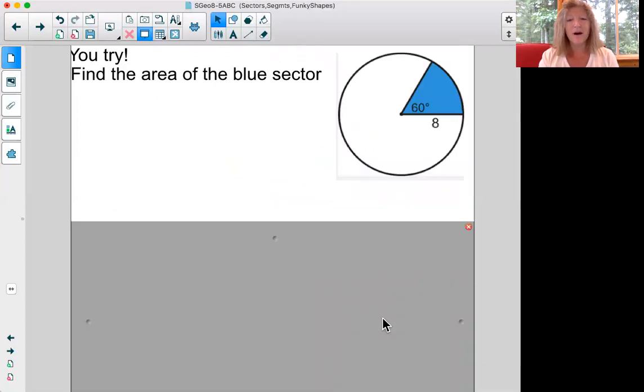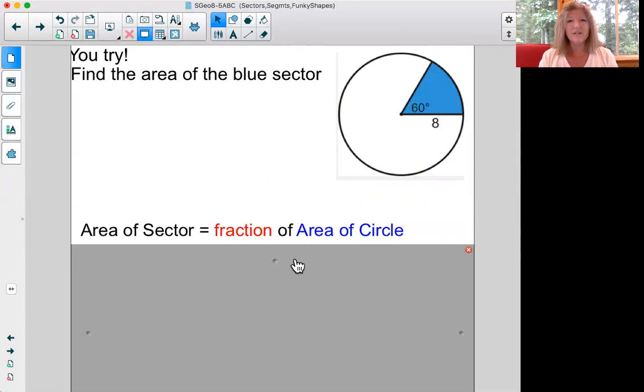So now you try. Pause the video and practice finding the area of this blue sector, and then press play to continue. We know the central angle is given to us, and we know the measurement of the arc is the same, and we are given the radius. We know that the area of the sector is a fraction of the area of the whole circle. What fraction?